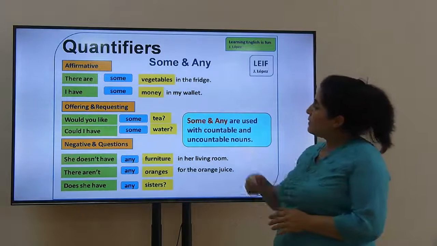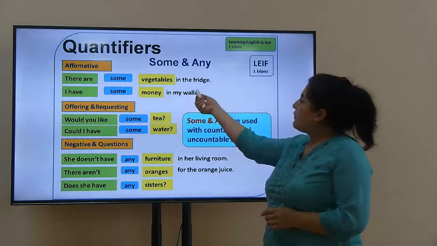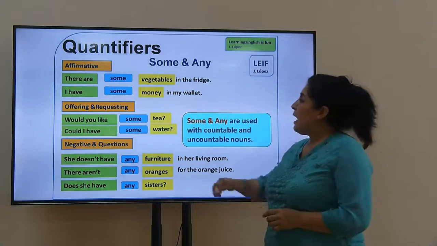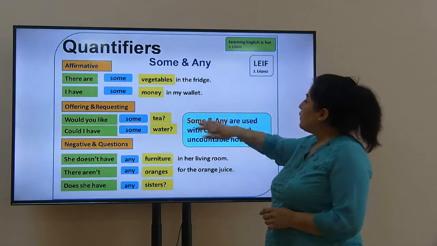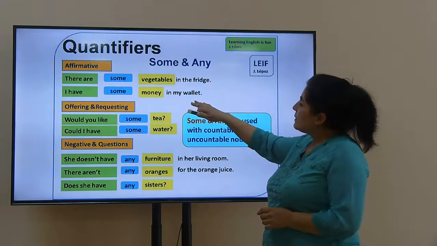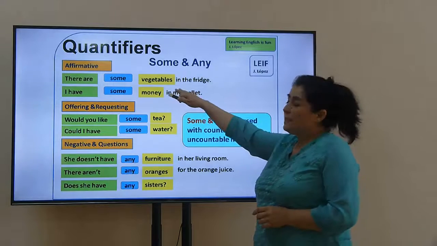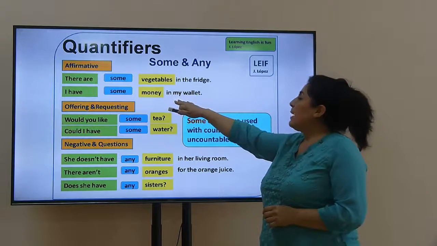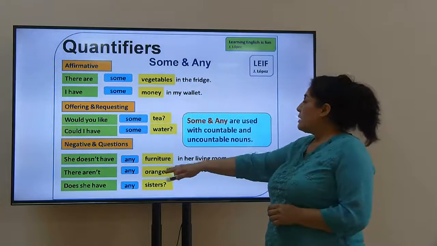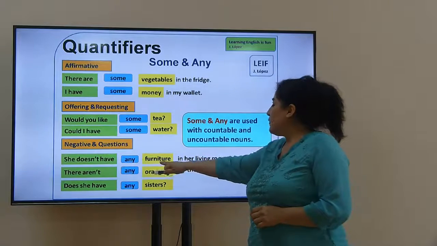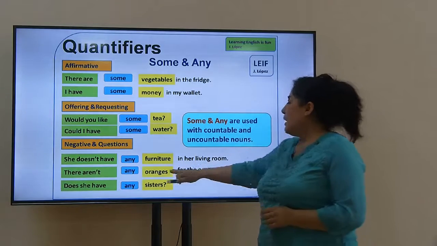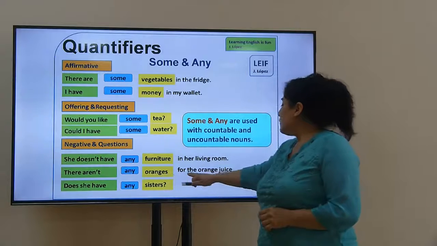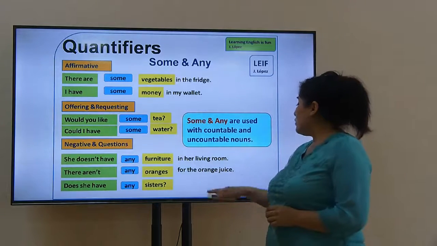For example, affirmative sentences: there are some vegetables in the fridge. I have some money in my wallet. In these sentences, vegetable is a countable noun and money is an uncountable noun. She doesn't have any furniture in her living room. There aren't any oranges for the orange juice.